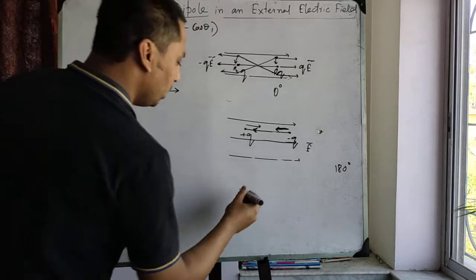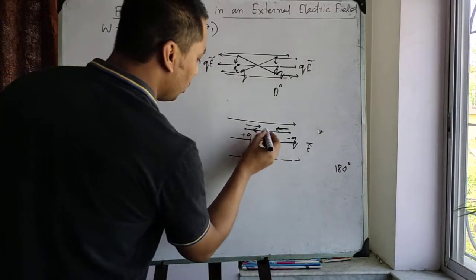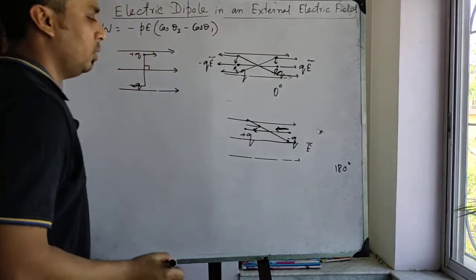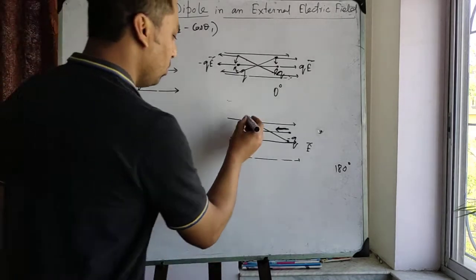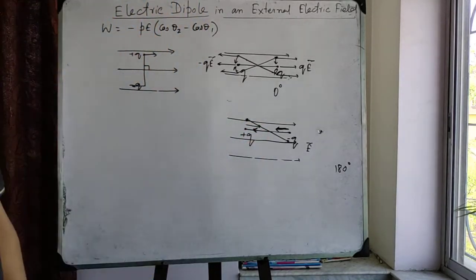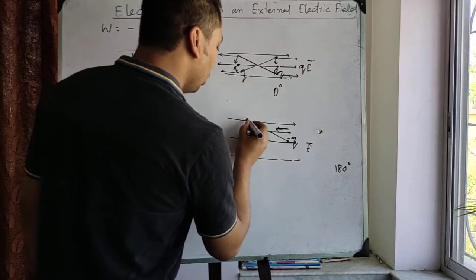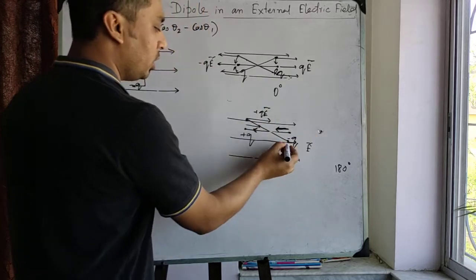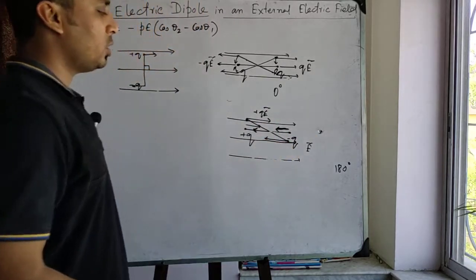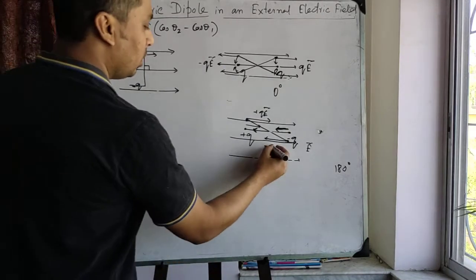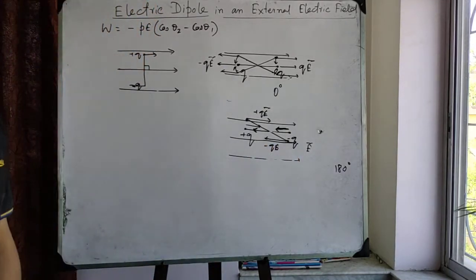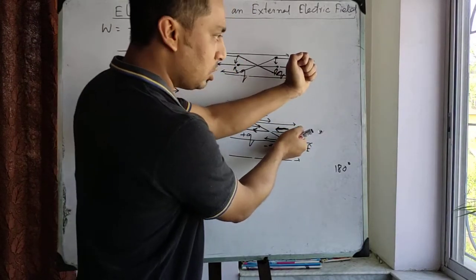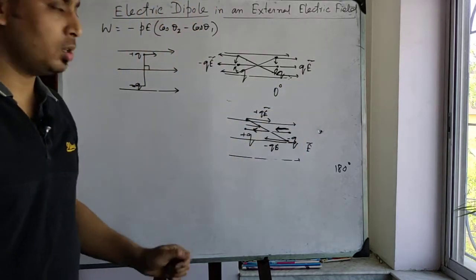But what happens if the dipole is disturbed from its equilibrium position by some angle? Then the plus q charge will experience a force plus QE along the field direction, and the minus q charge will experience a force minus QE in this direction. So one wants to rotate in this direction and the other in that direction.